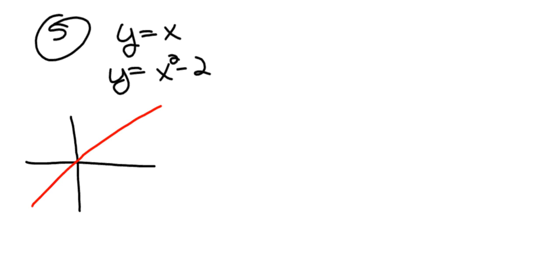Here's y equals x, and then if I graph x squared minus 2, I can see it would graph like that. So now I can have a better visualization of which is the upper and which is the lower.